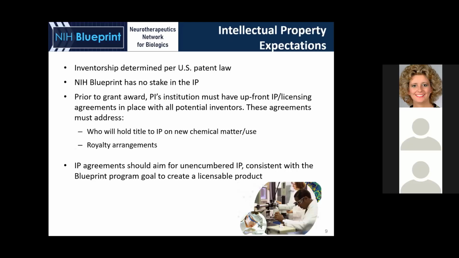NIH Blueprint has no stake whatsoever in the IP, and therefore, prior to receiving a grant award, a PI's institution must have upfront IP licensing agreements in place with all potential investors, and they have to address who will hold the title to the IP on the new biological matter, as well as any royalty arrangements that are in agreement.